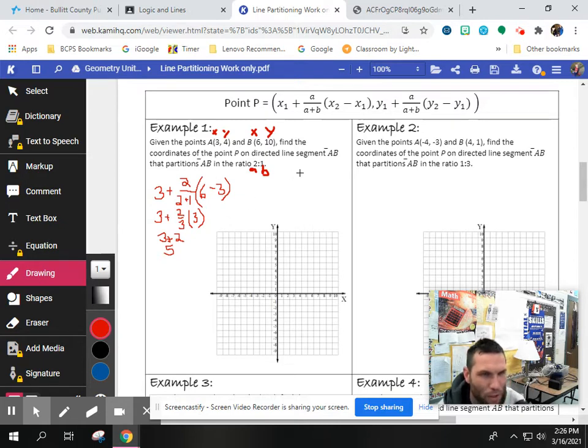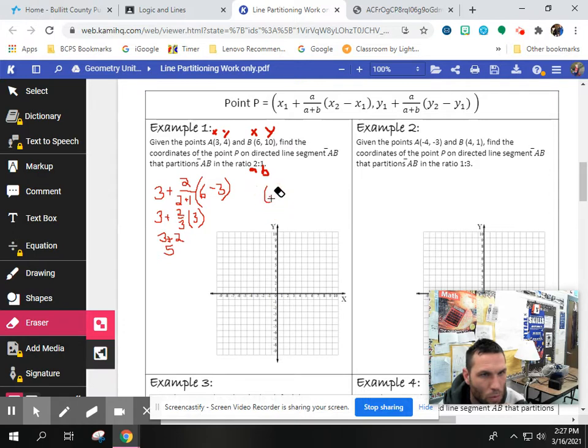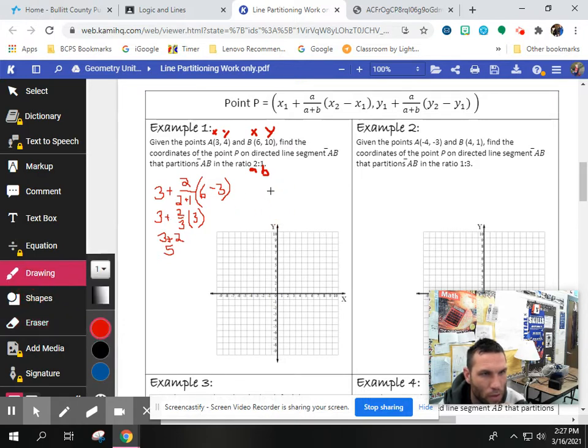Now the y value. y1 is 4, plus, it's the same ratio, so I'll just write 2 over 3, and then y2 is 10 minus the same 4 where we started.